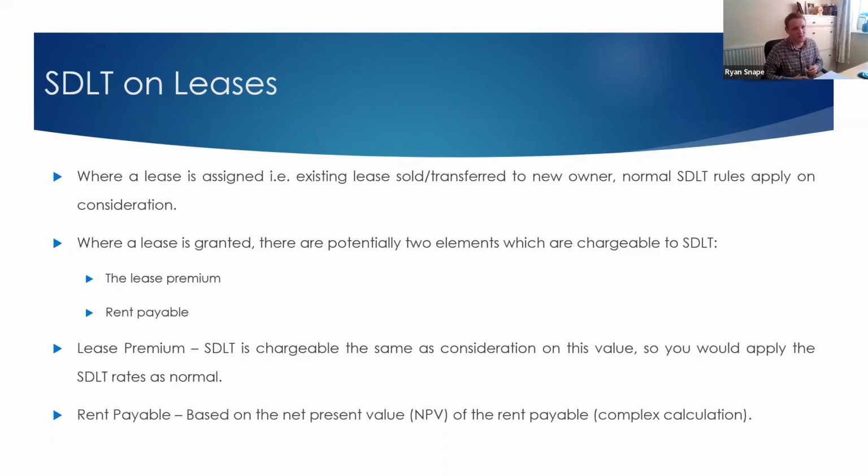The complexity comes where we've got rent payable, because the rent is also subject to stamp duty land tax, and the amount subject to it is the net present value of the rent over the entire life of the lease, which even as a tax consultant I would say is a very complex calculation to do.